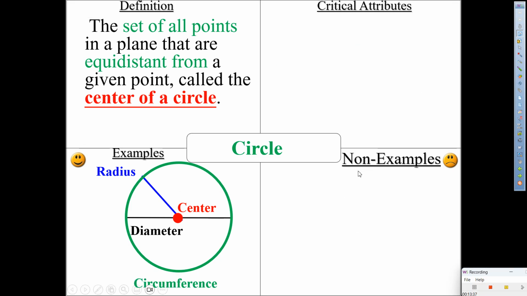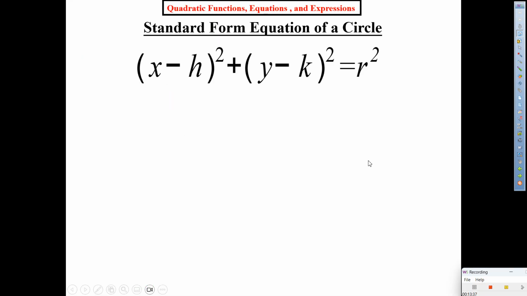In the back of that paper, I want you to write at the top, standard form equation of a circle. Write that down: parentheses x minus h squared plus y minus k squared equals r squared.